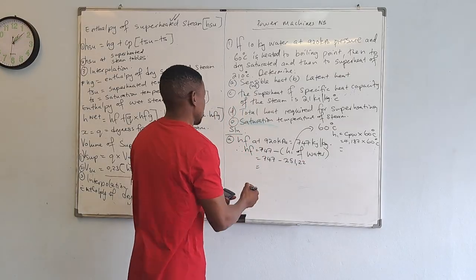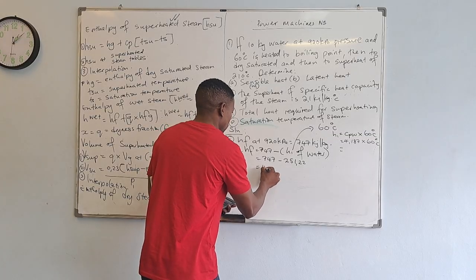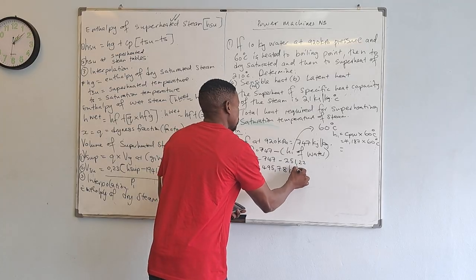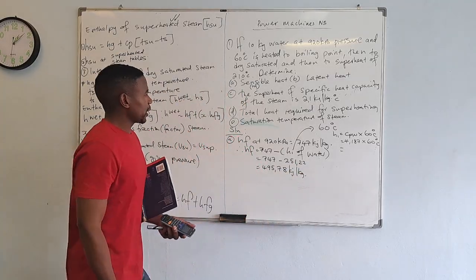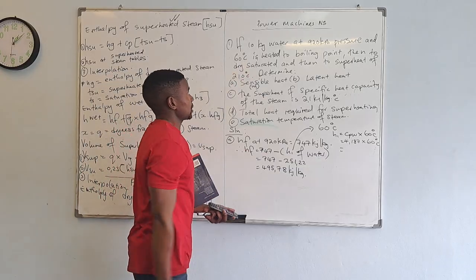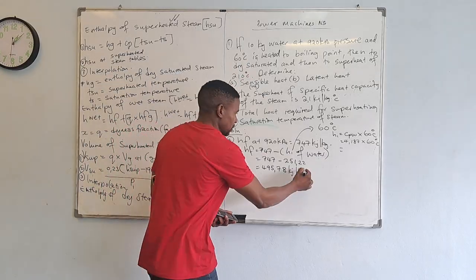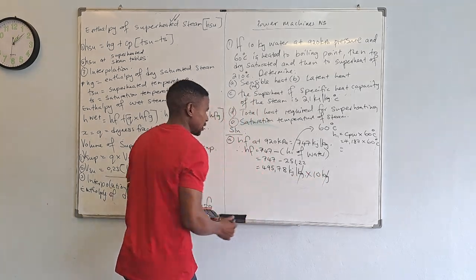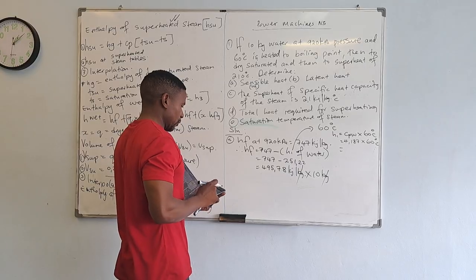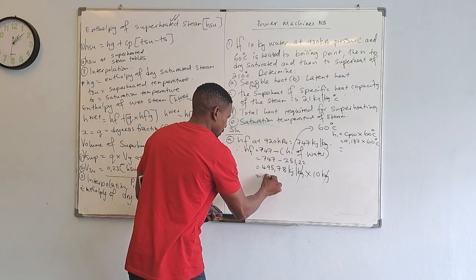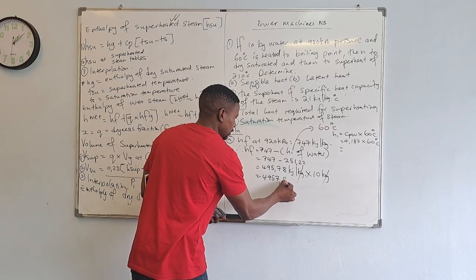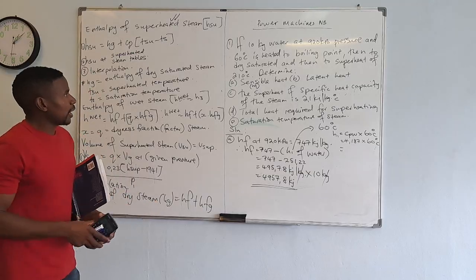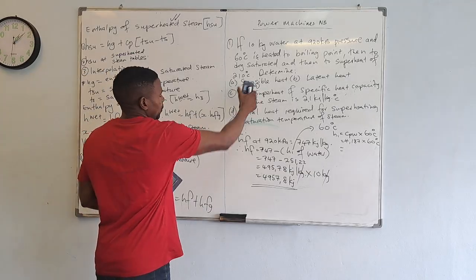So if you subtract the two, I'm getting 495.78 kilojoules per kg. But don't forget, our mass is given as 10 kg. So you must multiply this by the given mass. So what are we getting here? This and this, they cancel. So we are going to have times 10. We are going to get our answer as 4957.8 kilojoules. So that becomes our enthalpy of sensible heat.